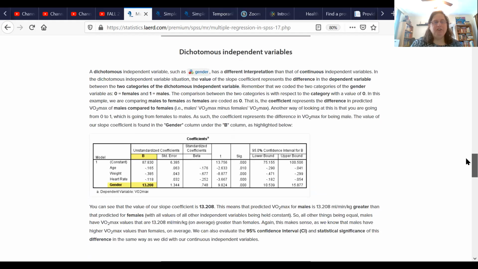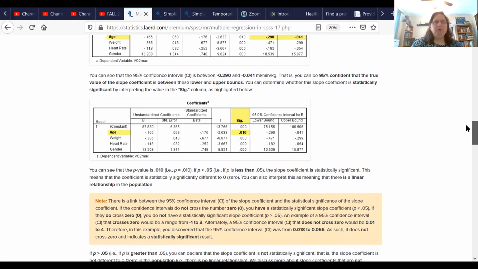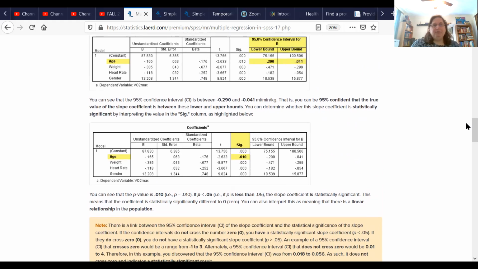So here's our gender variable. Before we go to the gender variable, let me just make sure this makes sense. So what we're saying is for every increase in age, our VO2 max goes down by 0.165 points.